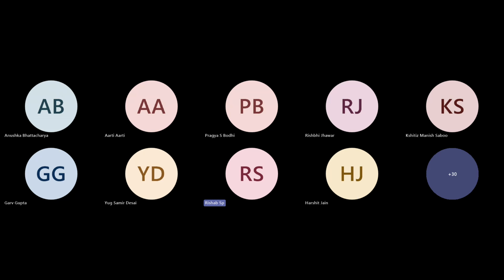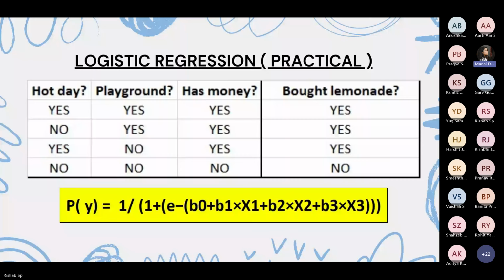I've tried that 1 divided by 1 plus thing, but I'm not getting the same answer as yours. The thing is that I've done it as 1 divided by 1.2, including adding the value, right? Yeah, good question. I'll also share that.